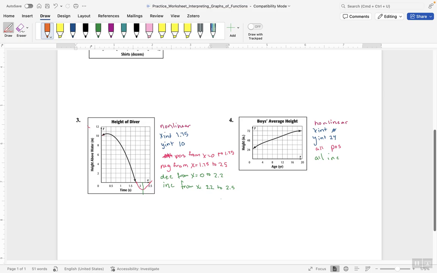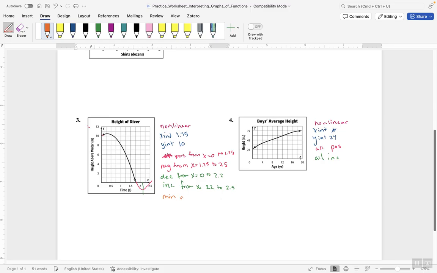Now, this one, where I drew in, we have extrema right here, because this is a definite turning point. It's going down and then it's going up. So in this case, I'll just say minimum. But you have to tell me where the minimum is at, and you have to tell me by the x coordinate.